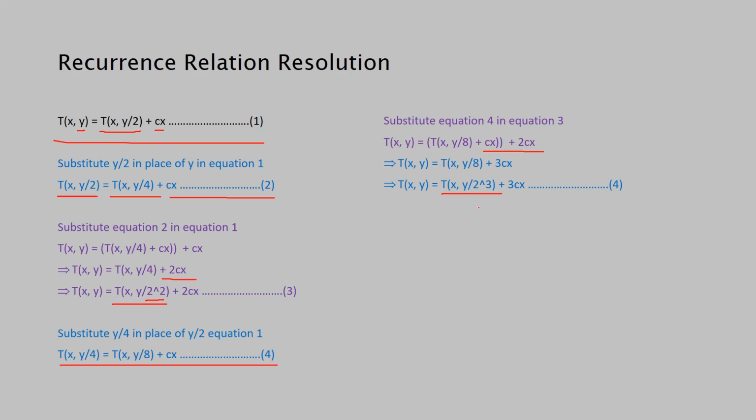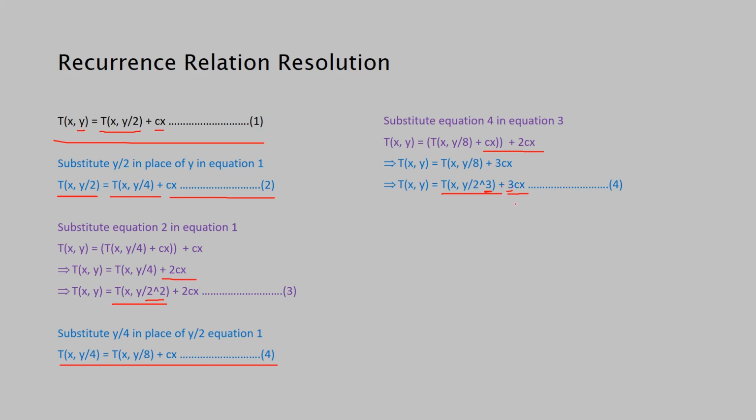So now we start to see a pattern here. Every time we basically recurse, we see that this 2 raised to the power of 2, and the number of times cx gets incremented.